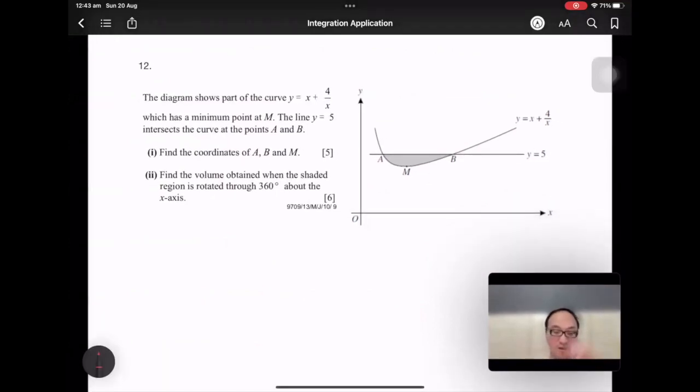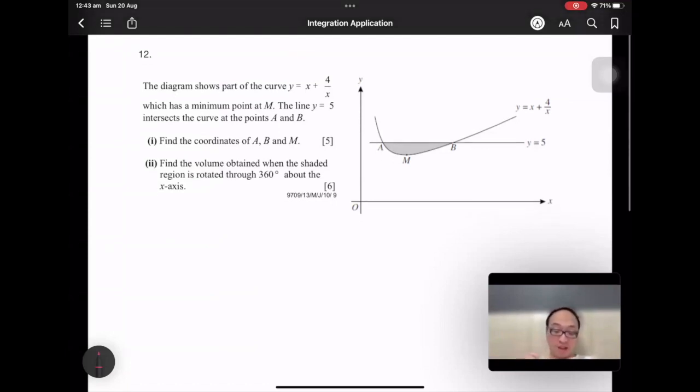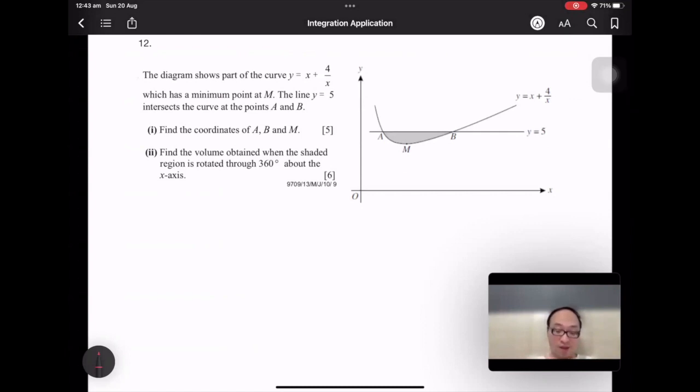Next, the diagram shows part of the curve which has minimum point at M, and y equals to 5 intersects at A and B. Find the coordinates of A, B, and M. So A and B are the intersection points, so we can equalize the equation. So y equals to y, x plus 4 over x equals to 5.